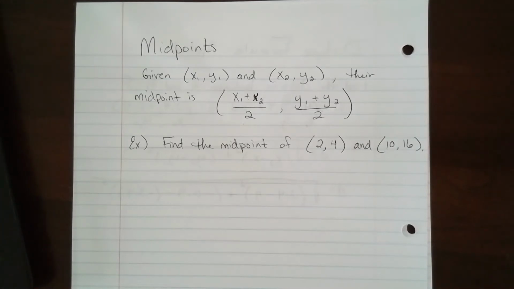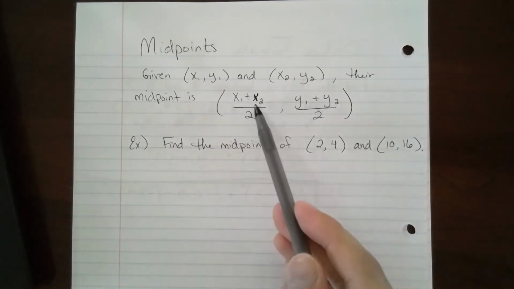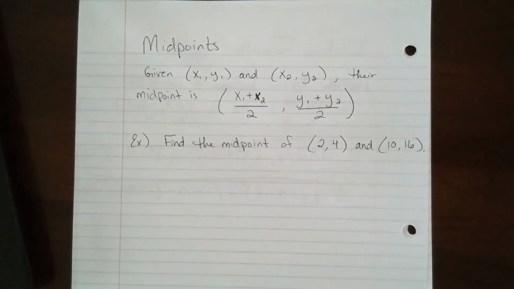For example, most students are familiar with averaging grades. If I have an 80 on one test and 100 on another test, if I add that together and divide by 2, I get 90, which is halfway between 80 and 100. Midpoints are literally just the average point of the other 2 points. You average their x's, you average their y's, and you're done.